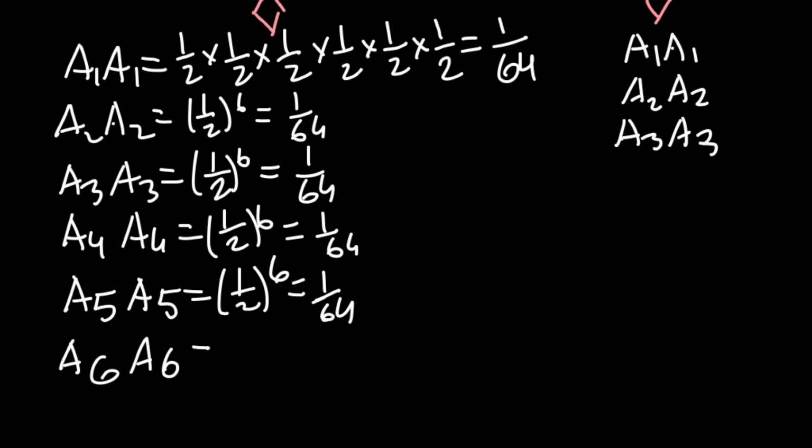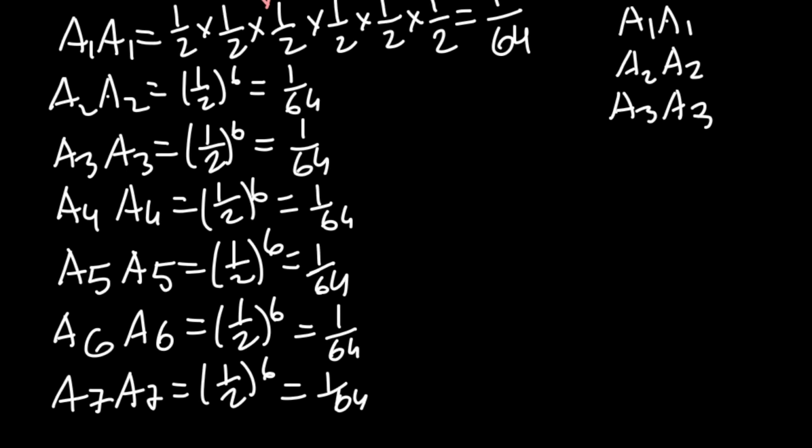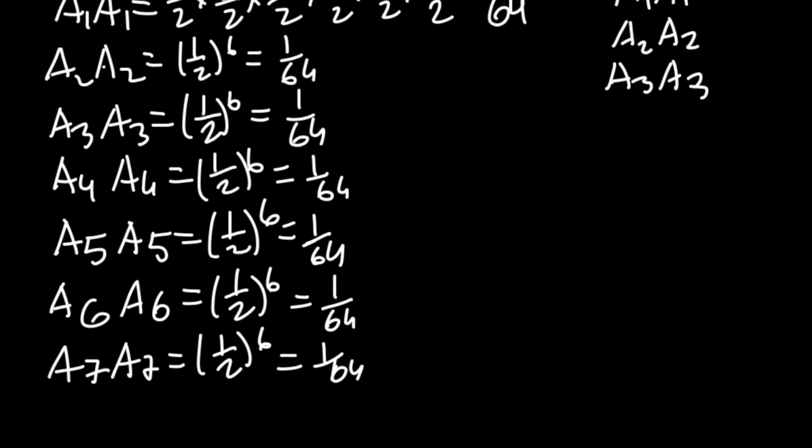The probability to be homozygous for this allele would be 1 over 64, and the probability to be homozygous for the A7 allele also would be 1 over 64. And the last variant would be the probability to be homozygous for the A8 allele, and the probability would be 1 over 64.